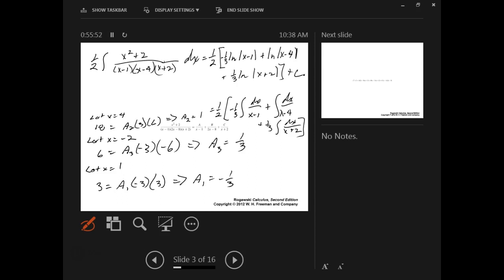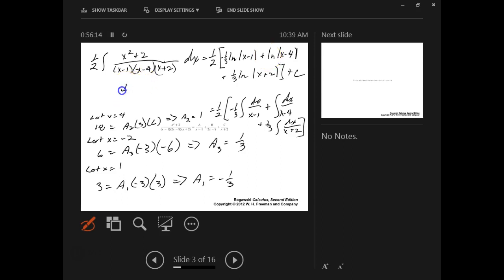Well, we don't quite have that. We have x minus 4 plus 1/2 times 1/3, that is 1/6, log x plus 2 plus c. Now, how does ours differ from theirs? Just that term right there.